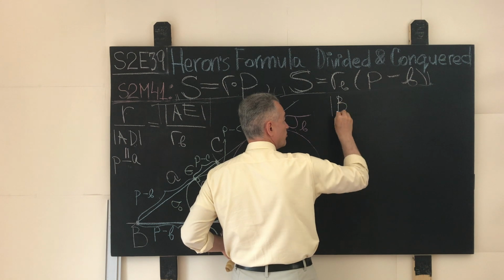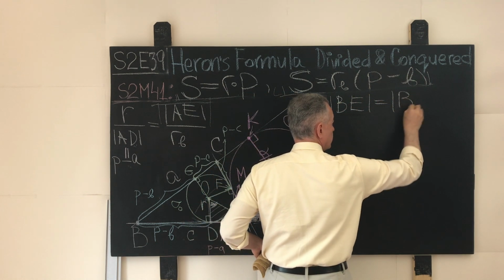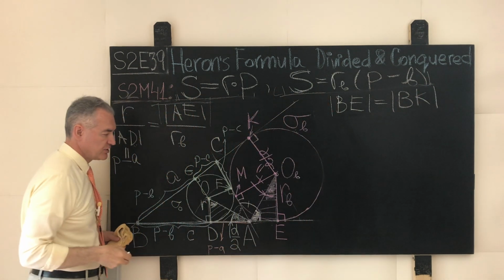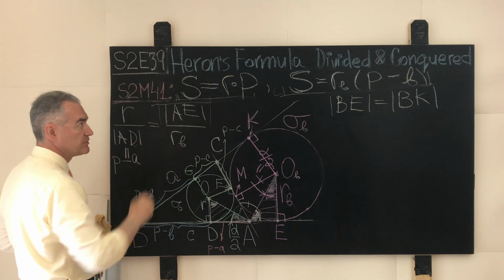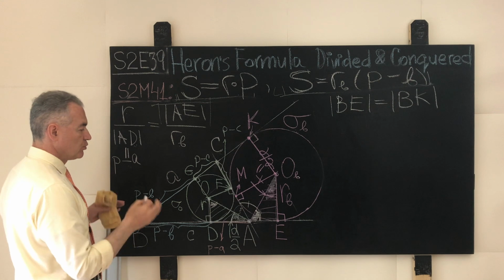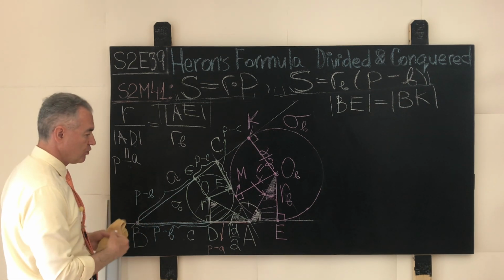We write it down. The distance between the points B and E and BK is one and the same. That is the starting point. And now we go deep dive into divide and conquer. We now break our whole into parts. We solve each part and we combine the solution of each primitive part into a solution of the whole. How do we do that?